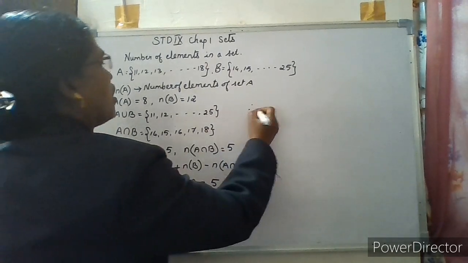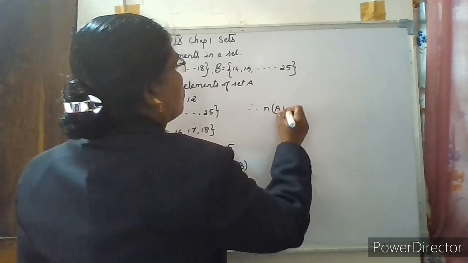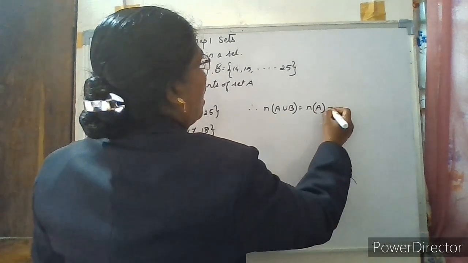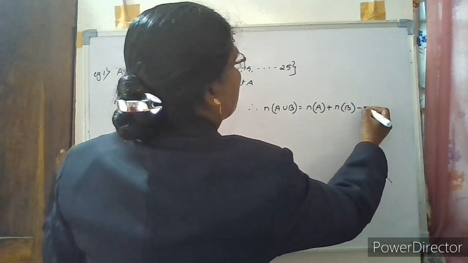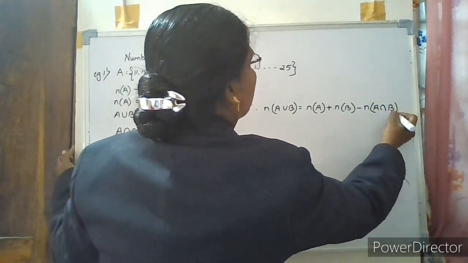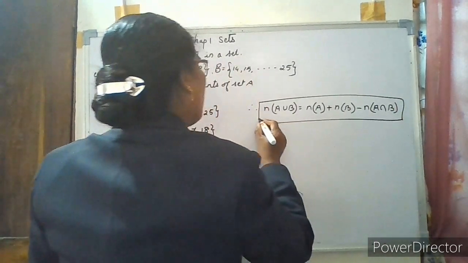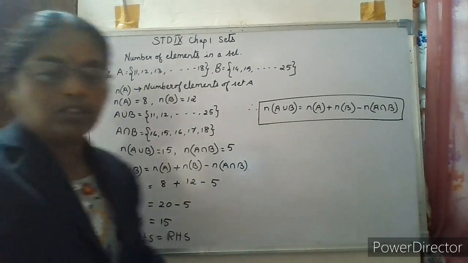Therefore we can say this formula, n(A union B) is equal to n(A) plus n(B) minus n(A intersection B), is verified. So we can make use of this formula and solve some problems based on sets.